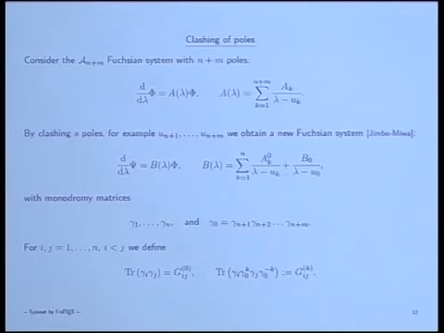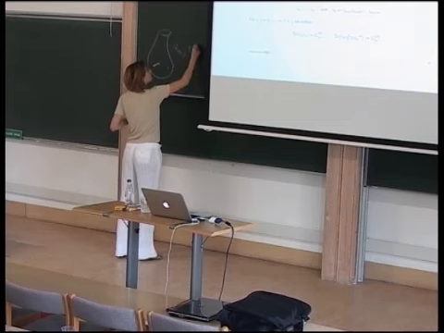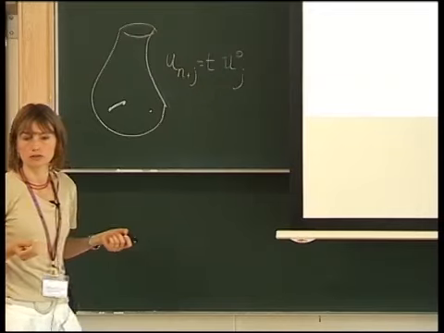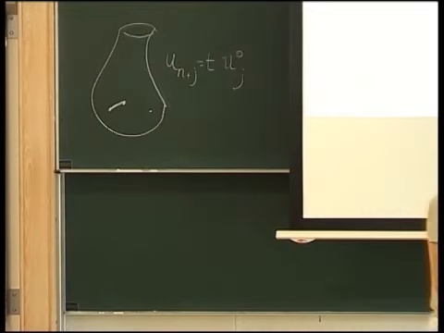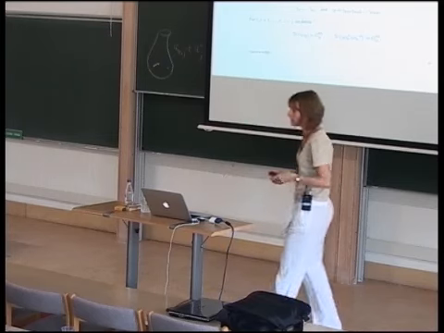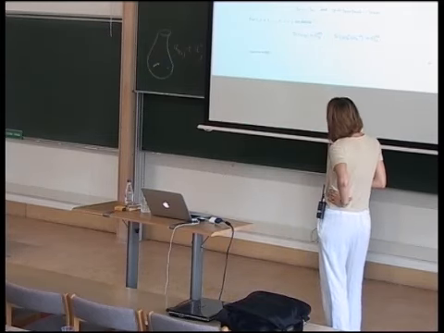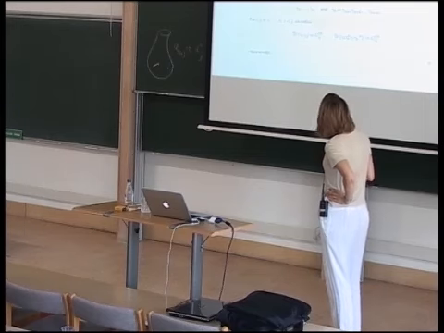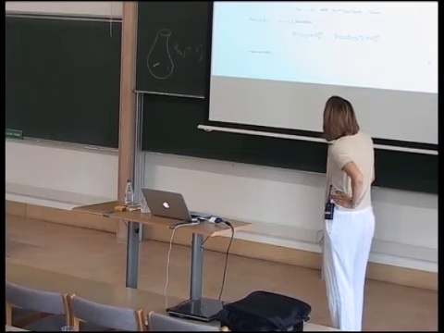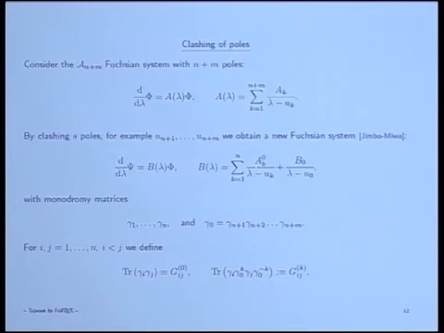The way you do it from an analytic point of view is simply saying that u_{n+j} is equal to, for example, t, some new pole u0j, and then send t to 0. Okay, it's very simple, and you can write the Schlesinger equations in t, and this was in fact done by Jimbo and Miwa, and they studied the clashing. So what they do is they take the limit as t goes to 0, and what they find is that you get a new Fuchsian system, by the way.